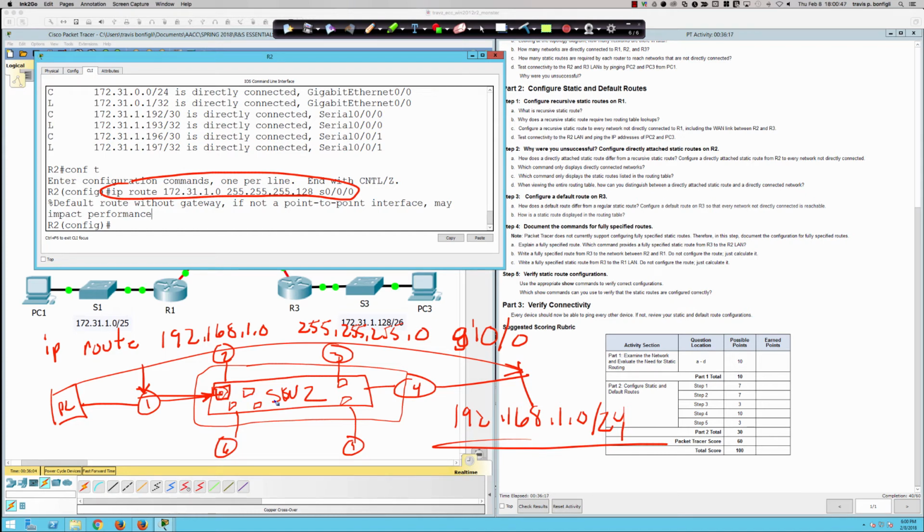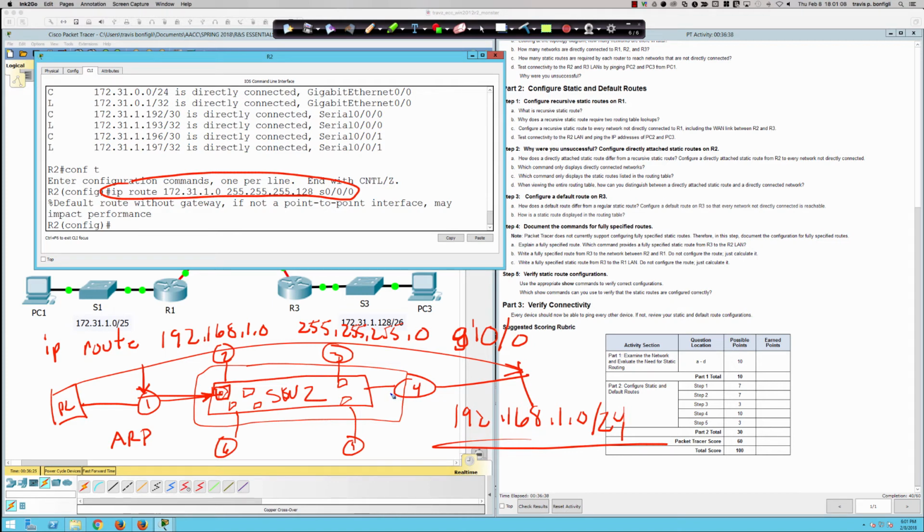So what's the problem here? Because it's not point to point. Router 1 might have to ARP, or send an address resolution protocol packet, trying to find the next hop IP address.